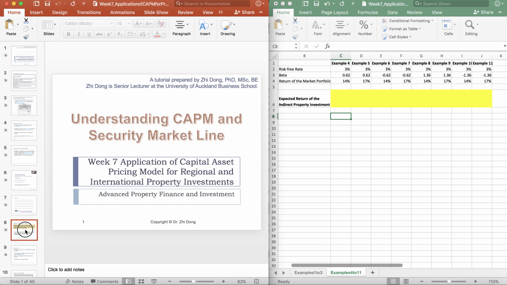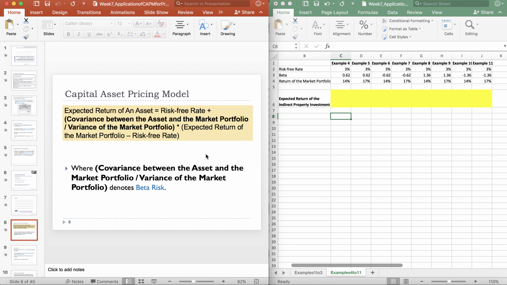So let's look at this. This is the formula for the capital asset pricing model, and we can see how systematic risk is taken into account in this formula. The systematic risk is represented by beta risk.